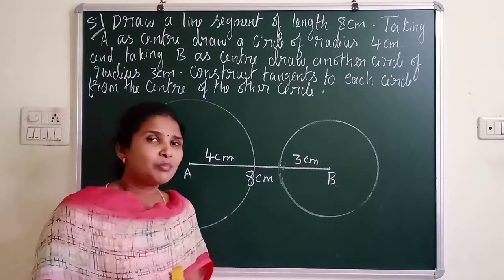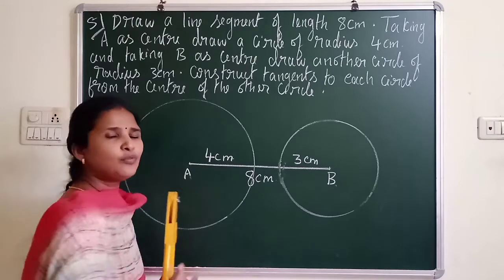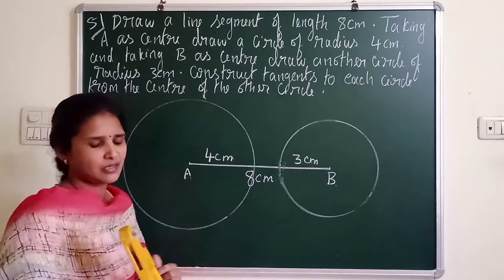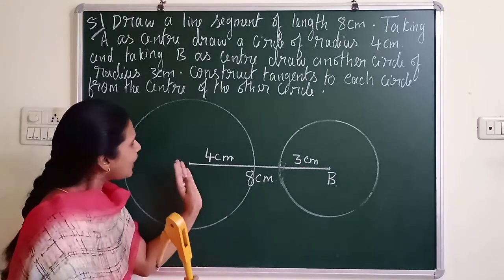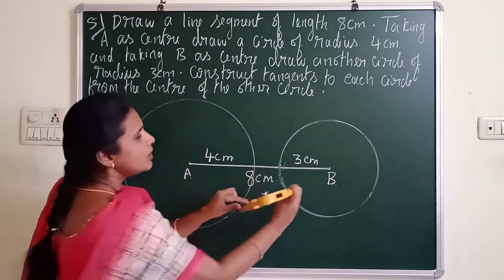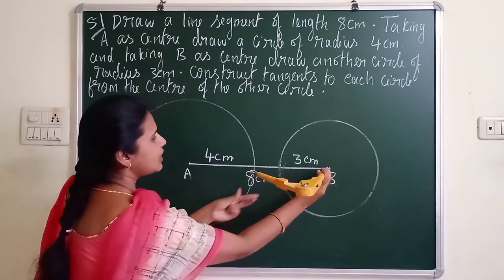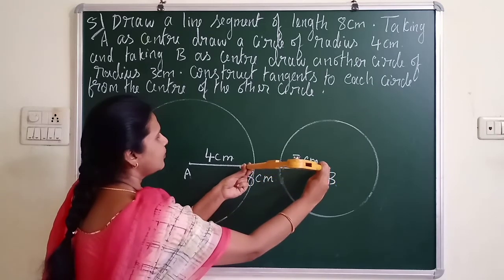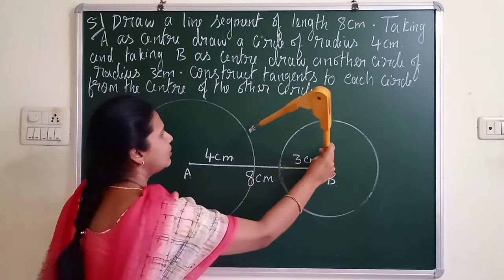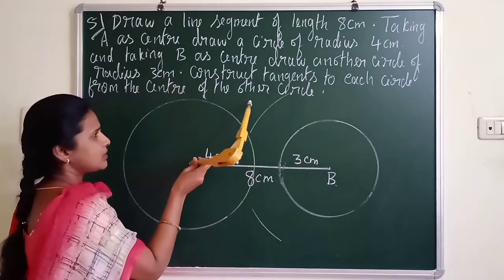Now where do I have to draw the perpendicular bisector? Is it any point I have to take, or do I have to draw the AB perpendicular bisector? Yes, because I have to draw from A to this circle, from B to this circle. So I have to draw the perpendicular bisector of AB. As you know, it is 8 cm. Take more than half, more than 4, and construct the perpendicular bisector.